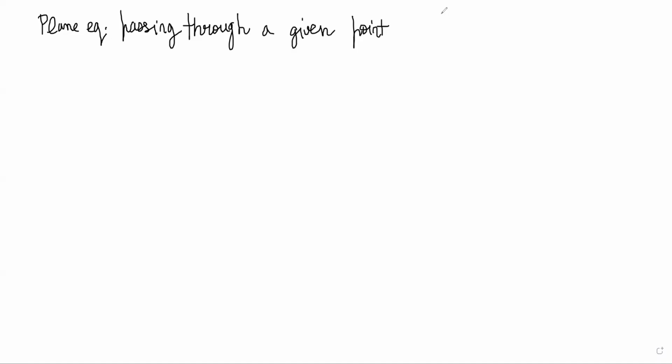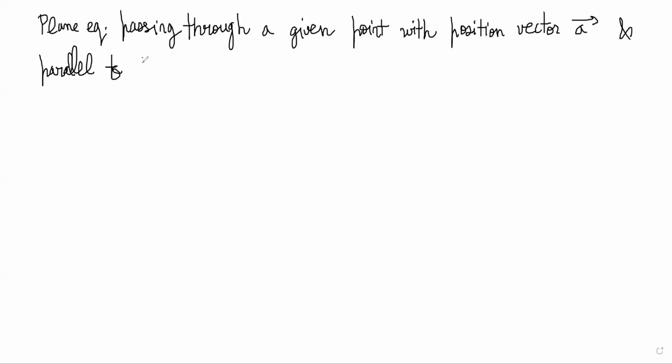The plane equation passing through a given point with position vector A, and parallel to B and C, is what?